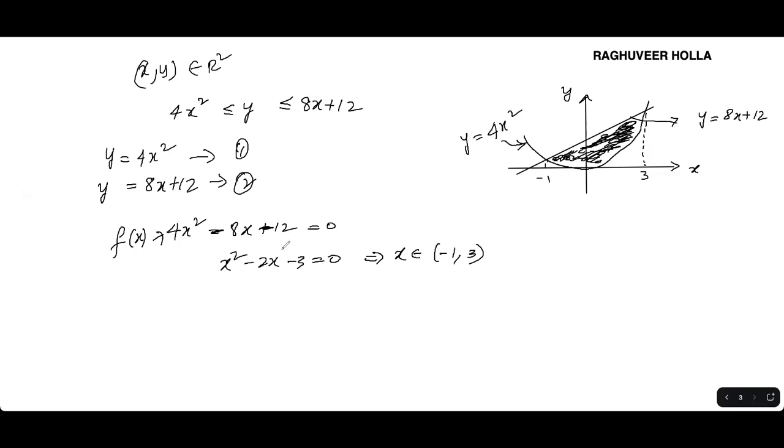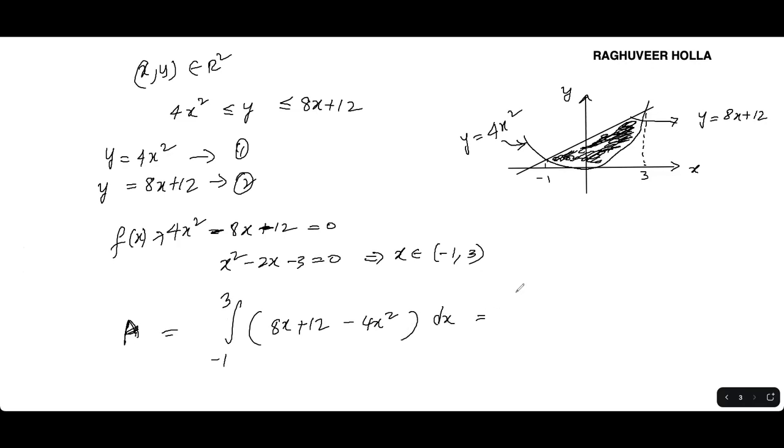So we got the limits, and the required area is the integral from -1 to 3 of 8x plus 12 minus 4x square dx.